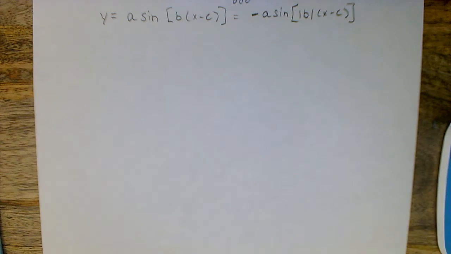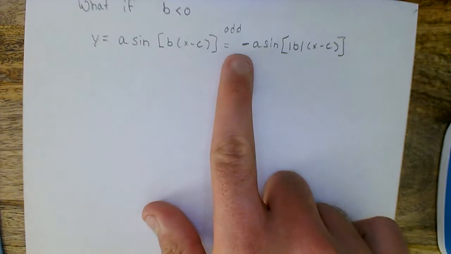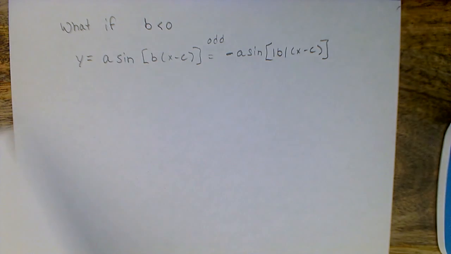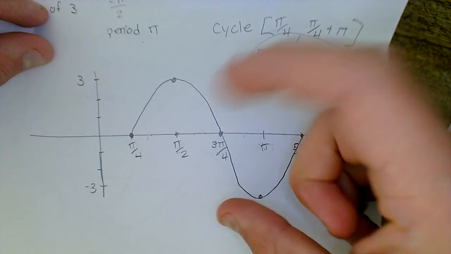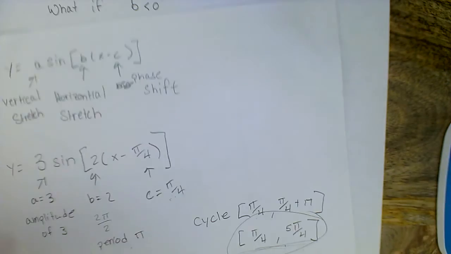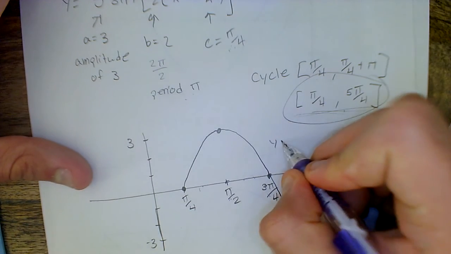So when you have a negative out in front of your a, all you have to do for the sine graph and the cosine graph is take your graph and flip everything.